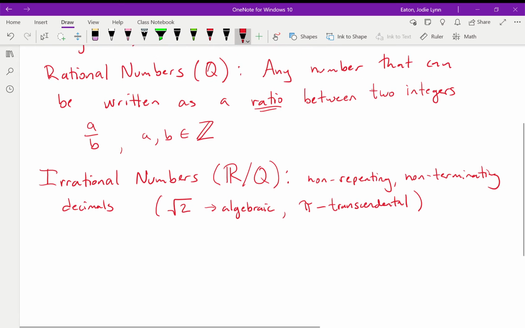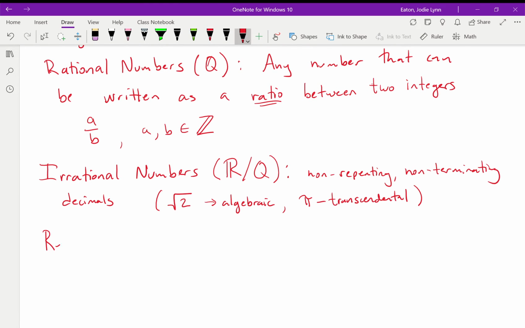So the real numbers is the set of all rational and irrational numbers.